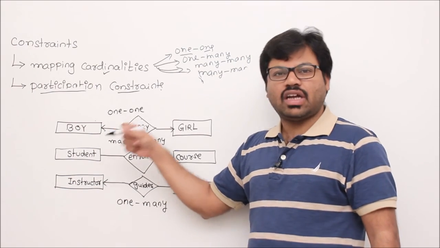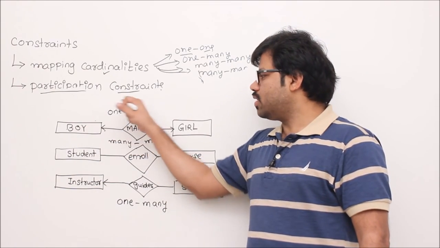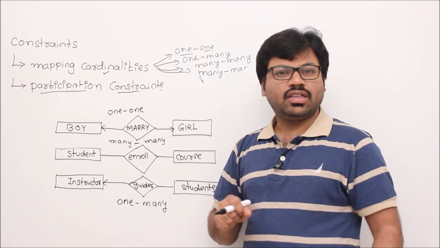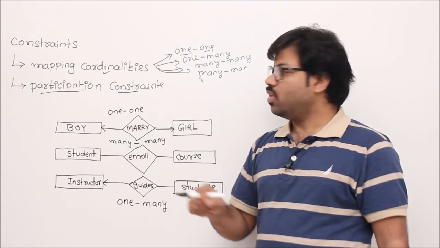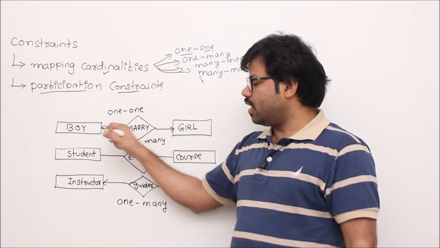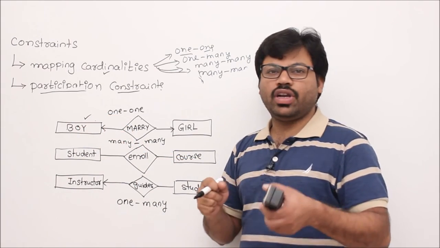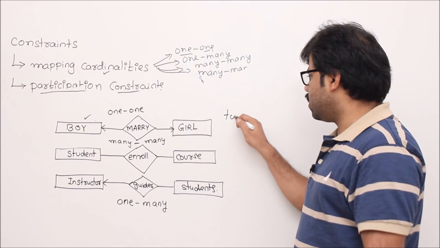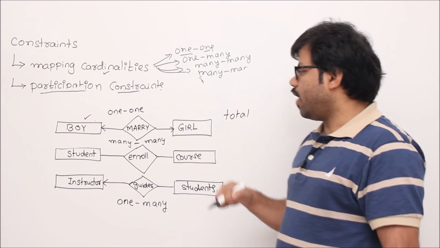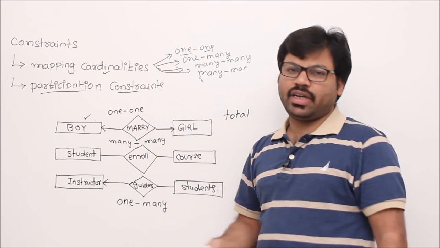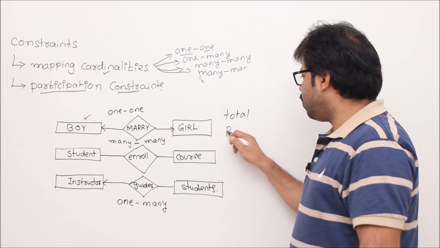If the answer is yes, if all the boys are participating in this relation, then I can say that on that relationship these boys are participating fully. That is called total participation. Sometimes what happens, every object may not be participating in the relationship, that is partial participation.